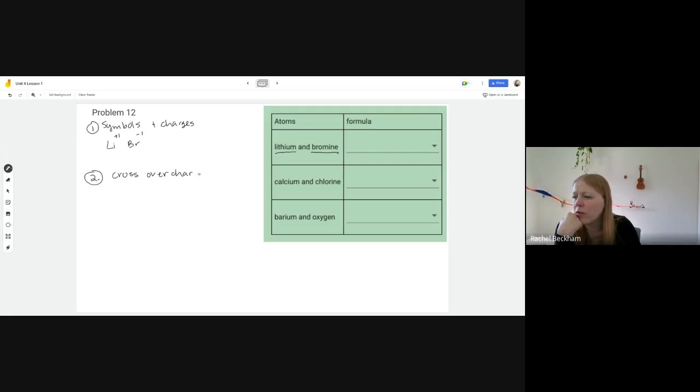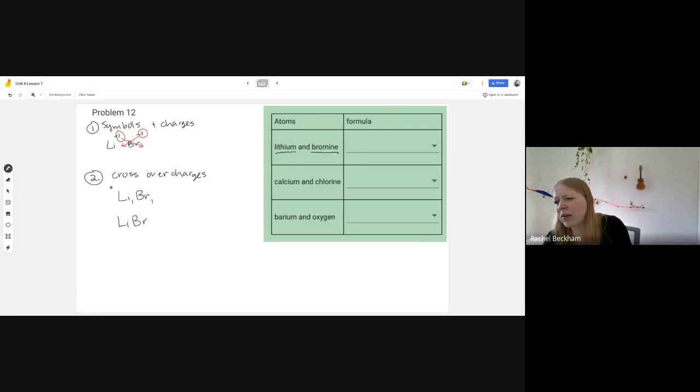So the Br right here, I'm going to circle it, has this charge. You take the number, just the magnitude, not the positive or the negative, and you cross it over like this. So the formula is going to be Li1 Br1, which is just LiBr.